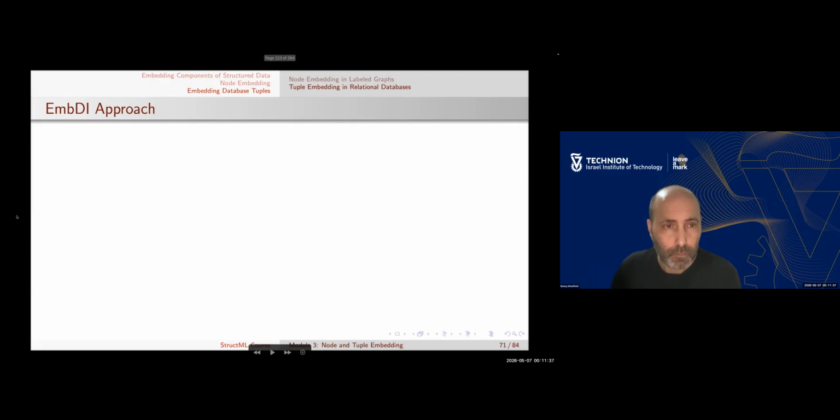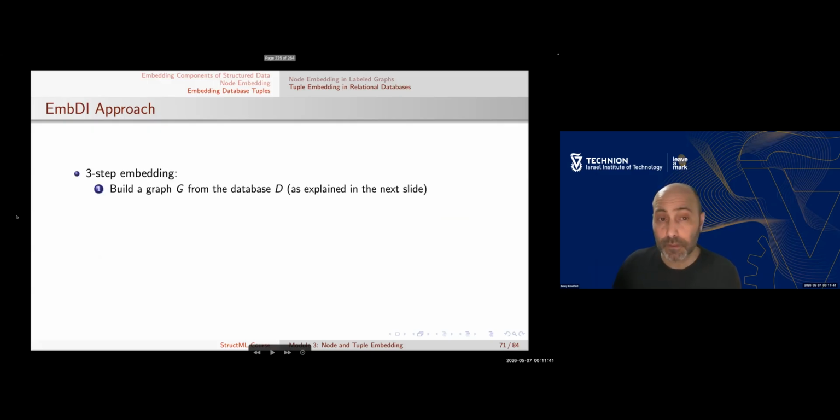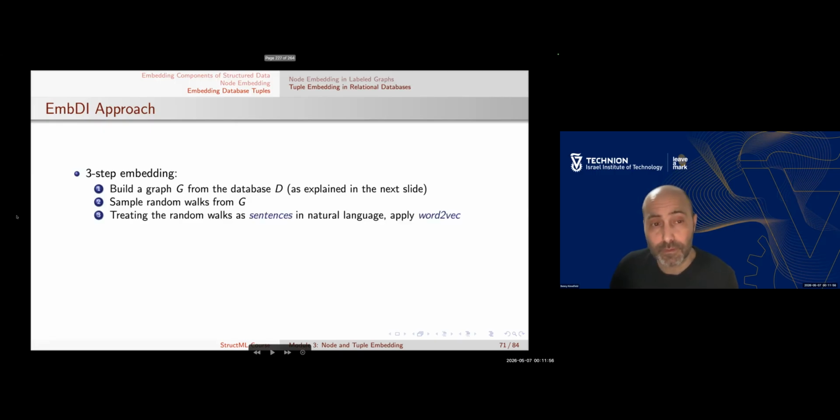Now, what is the approach? They have a three-step embedding. They build a graph from a database, not in the usual sense, but I'll explain in the next slide how. They sample random walks from G. From that they get basically sentences, and then to these sentences they apply Word2Vec, a word embedding technique.